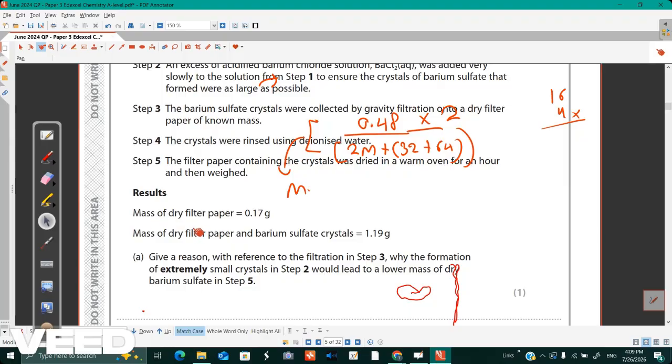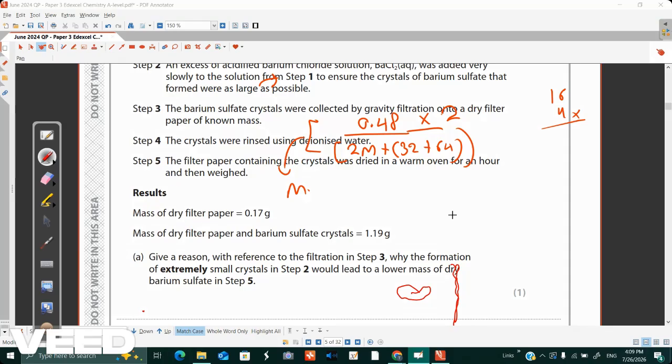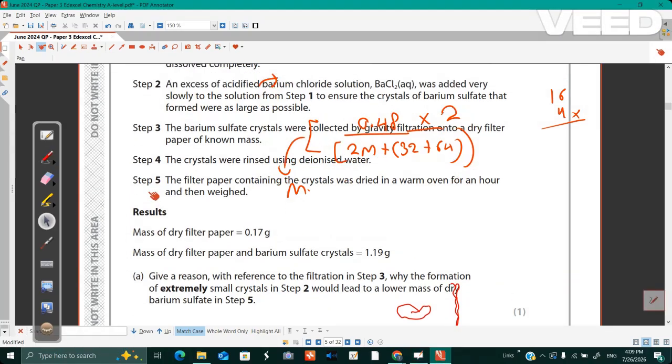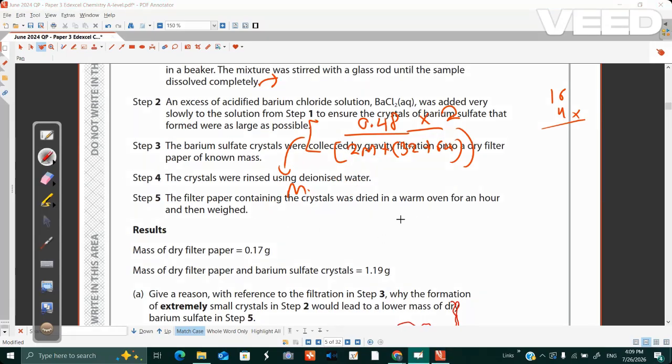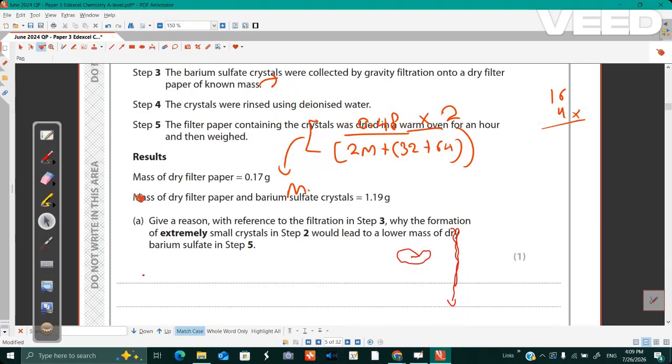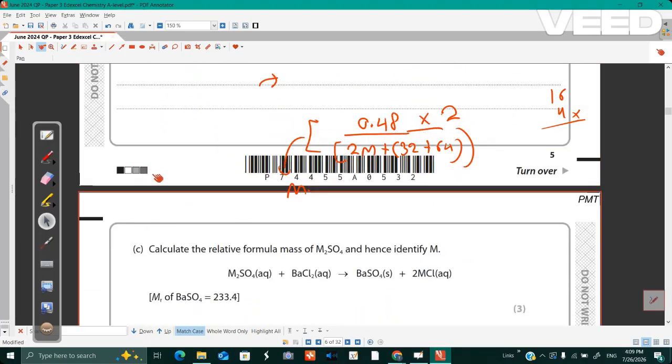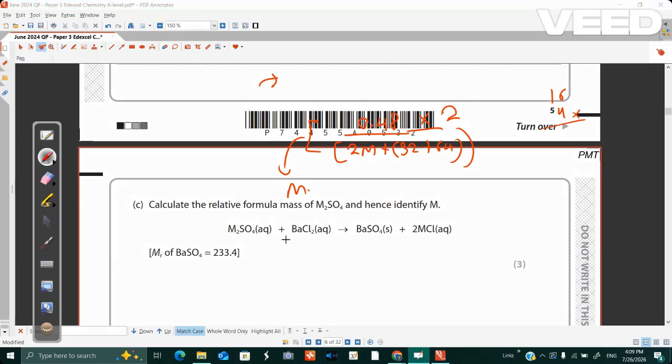Then you are getting barium sulfate crystals. So this is the number of moles of M. So when you compare M and barium sulfate, let's look at the ratio.